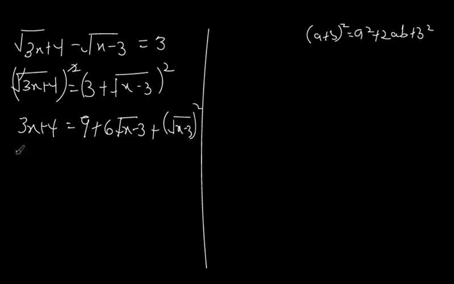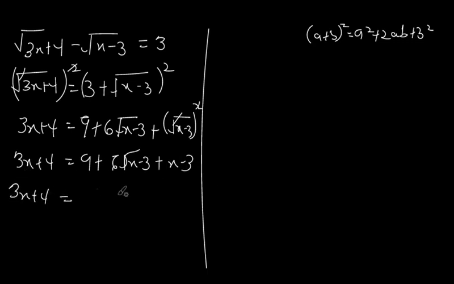So from here we have 3x plus 4 is equal to 9 plus 6 root of x minus 3. Now this will cancel this, so plus x minus 3. So we simplify this side, so we have 3x plus 4 is equal to what? Now 9 minus 3 will give us positive 6, so we have 6 plus the x over here plus 6 root of x minus 3.